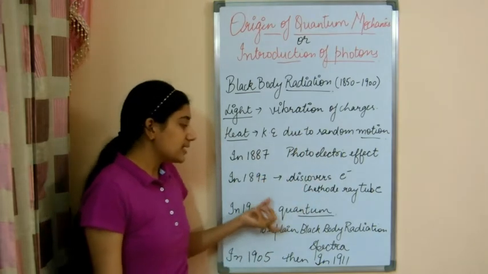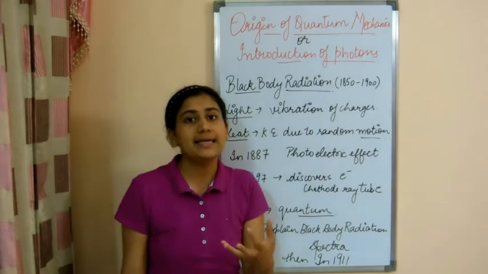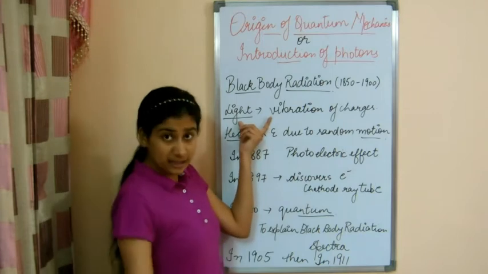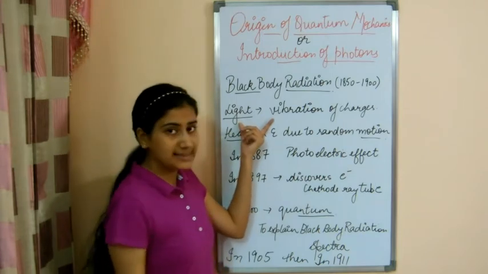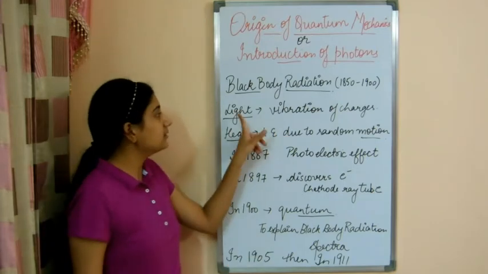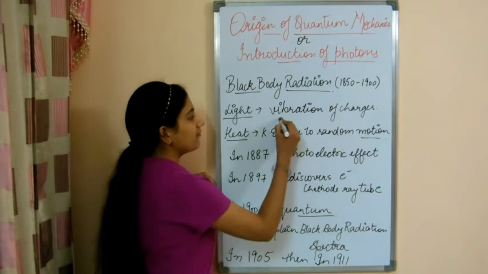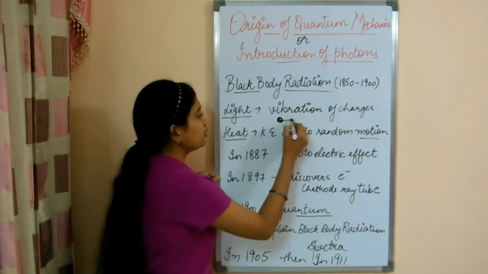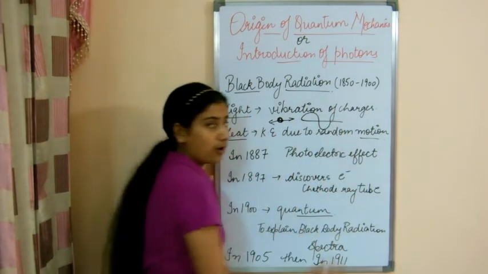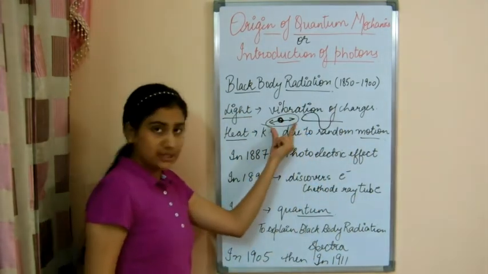In classical mechanics, till 1900, they assumed that light is formed by the vibration of charges. That means if a particle vibrates, the EM wave formed will have the frequency of this vibration only.